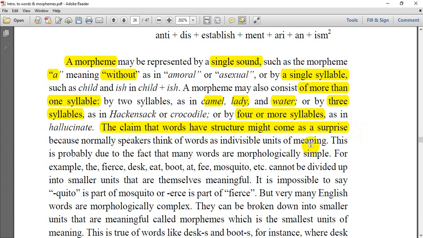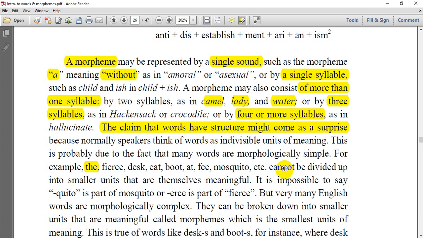This is probably due to the fact that many words are morphologically simple. For example, the, fierce, desk, eat, put, feed, skewed, mosquito, and so on.